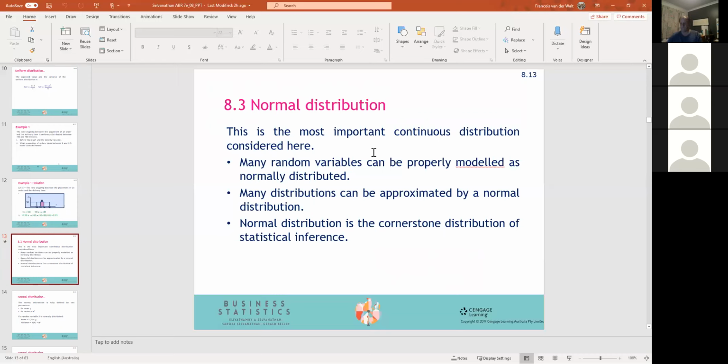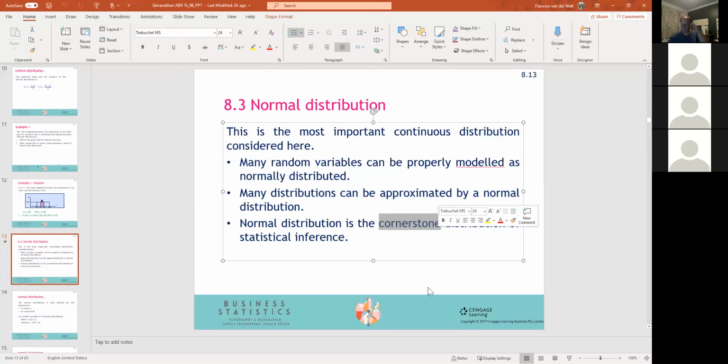It's the most important continuous distribution that we will consider. Many random variables can be modeled with a normal distribution, and many distributions can be approximated by a normal distribution. So the normal distribution is, as they call it, the cornerstone for statistical inference.